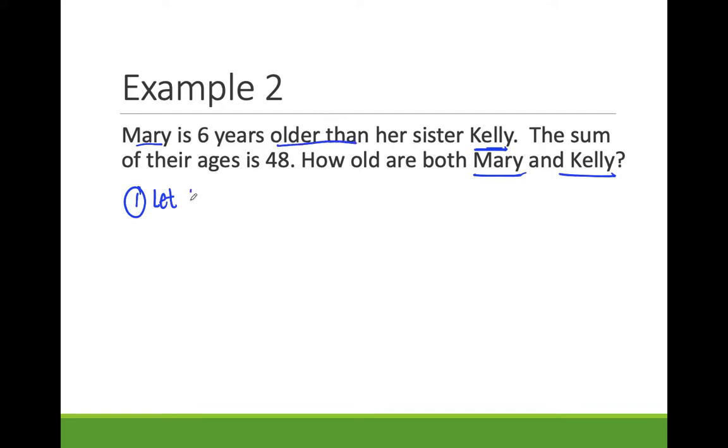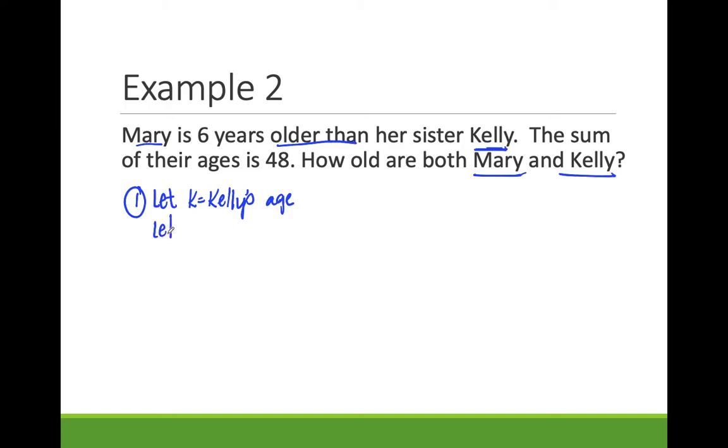So I would write let K equal Kelly's age. Now, you can do it the opposite way and let the variable represent Mary, but I'm going to do it as K is Kelly. That's because it says in the problem that Mary is 6 years older than Kelly, so we need to know Kelly's age first, and then we'll add 6.